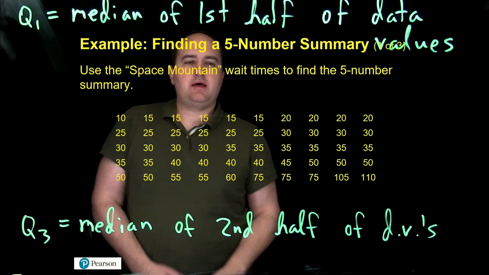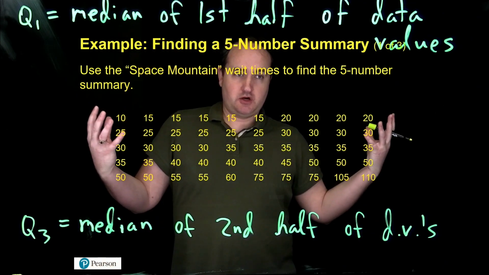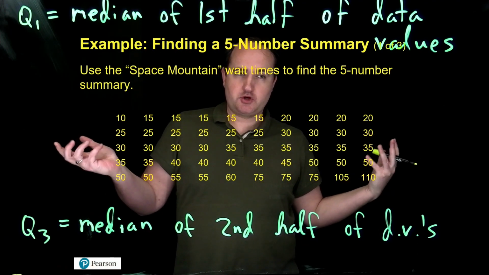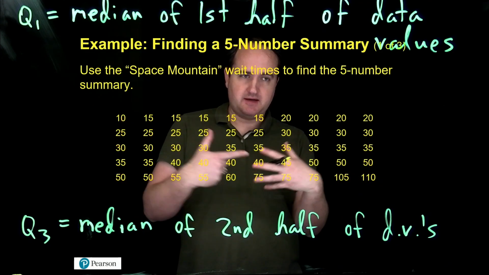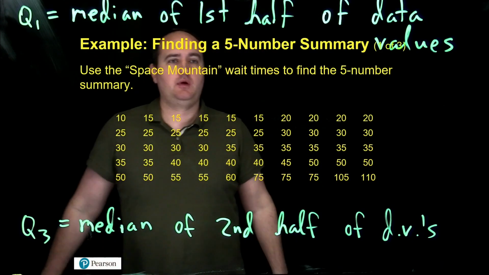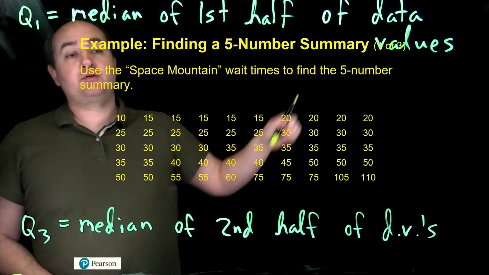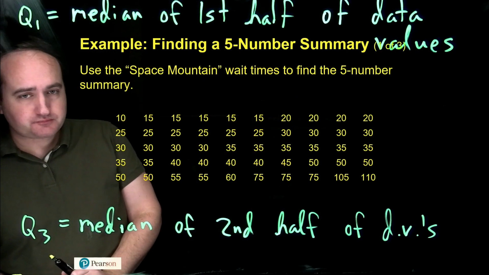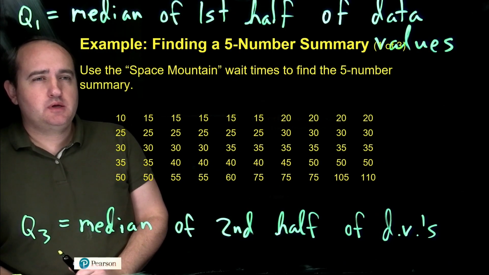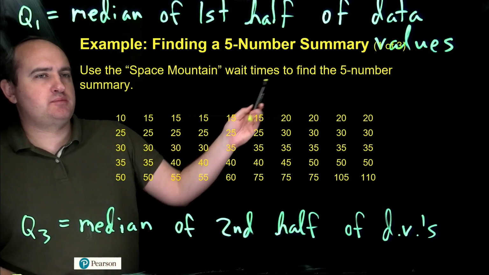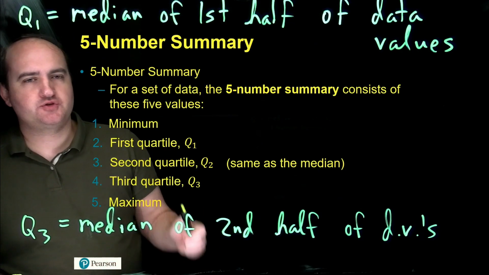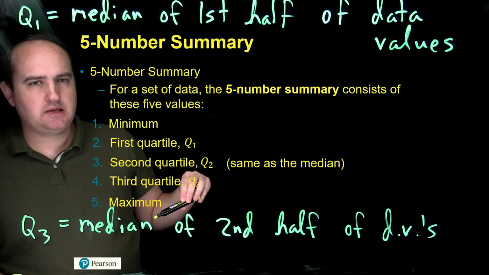So let's go ahead and find this 5-number summary, returning to the same data set that we've been using, the Space Mountain wait times from the book. When you want to find the 5-number summary, just refer to this slide here.